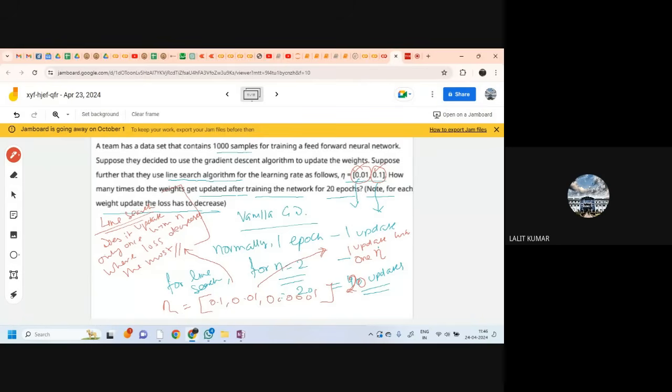Line search is: update W using different values of n and retain that updated value of W which gives the lowest loss. So my understanding was correct. This part which I have written is correct. It uses all n's, but it updates only where the loss is the lowest. मतलब n में कितनी भी वैल्यूज होती हैं, जिस वैल्यू में वो मिनिमम देगा वहीं पर हम अपडेट करेंगे.